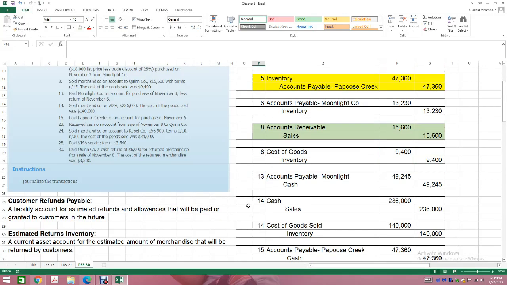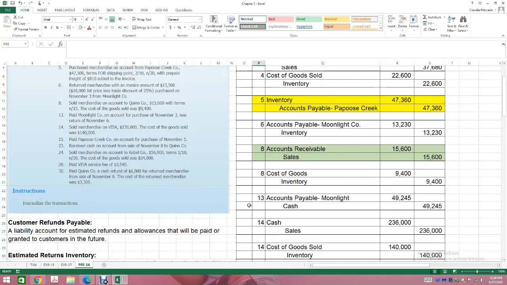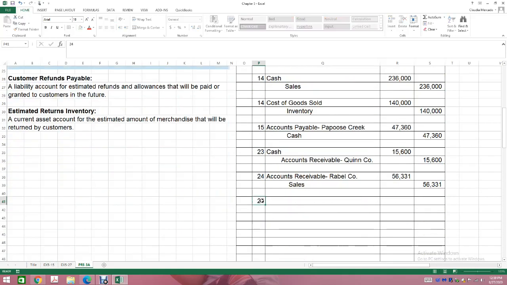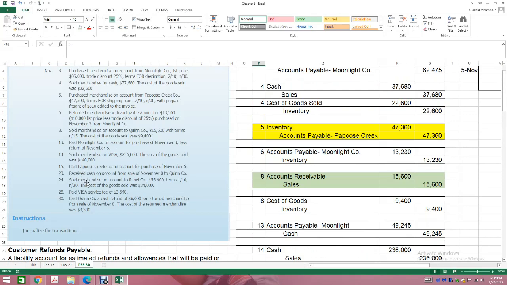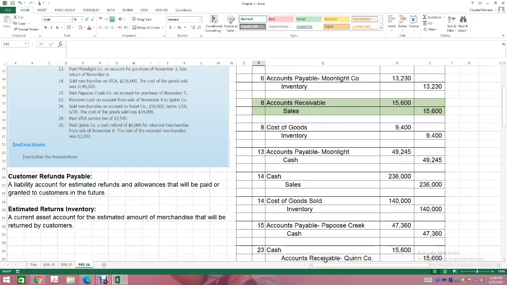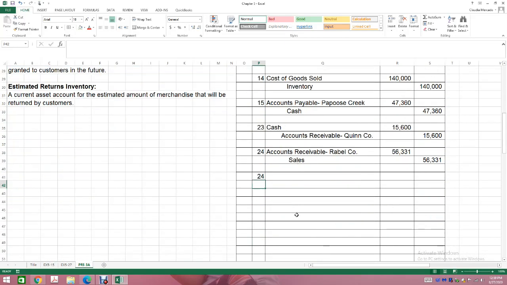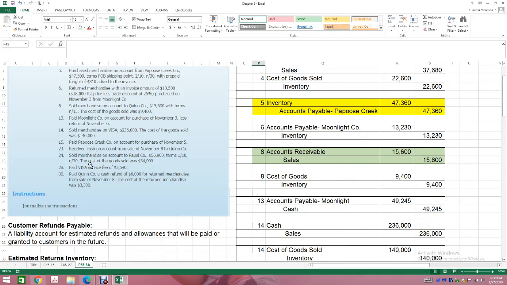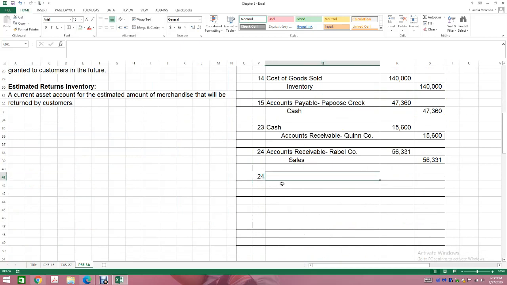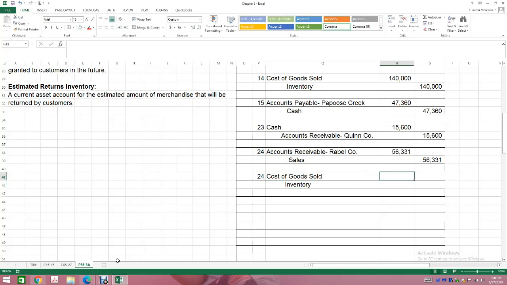Almost done. On the 28th, I'm still missing one entry on the 24th, sorry, because we are recording a sale. So we recorded the amount of the transaction and the sales amount, but we also have to record our cost of goods sold and update our inventory. So we're going to have cost of goods sold and inventory.